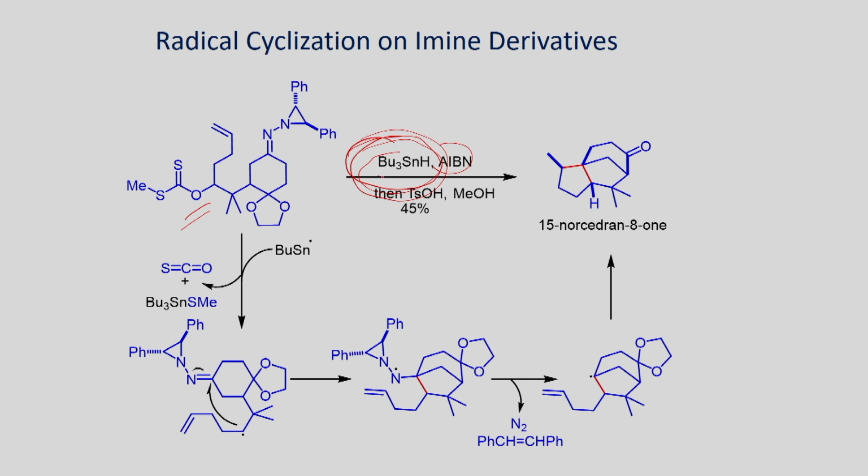Now, let us look here. The combination of AIBN and tributyl tin hydride can form a tributyl tin radical. Already we have seen this earlier.